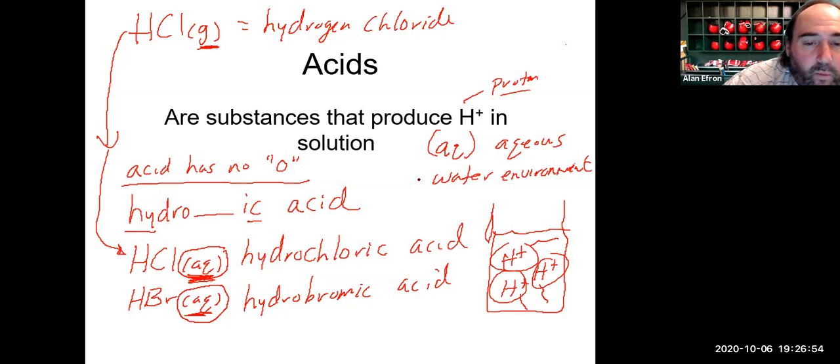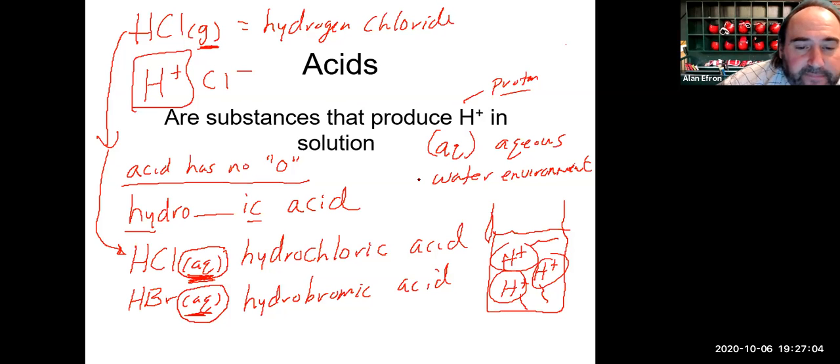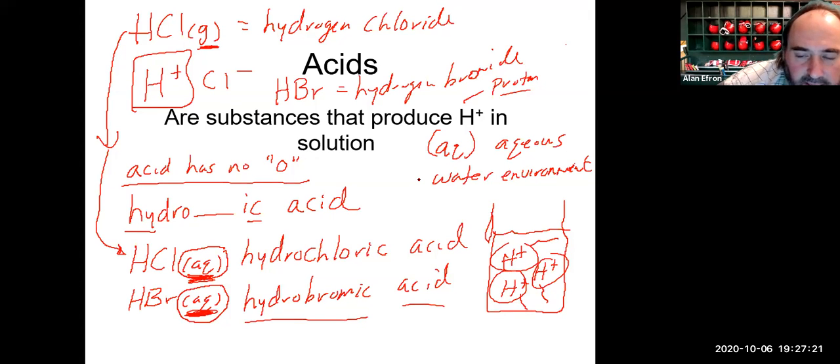So when we have something that's just hydrogen and not an acid, like H plus and Cl minus, we just call it hydrogen chloride, and if we had something like HBr, this would be hydrogen bromide. But here again, with the AQ next to it, it indicates that it's an acid, and we would call it hydrobromic acid.